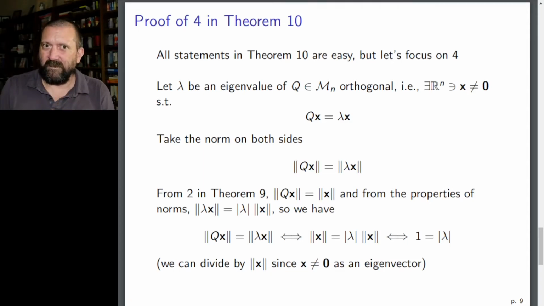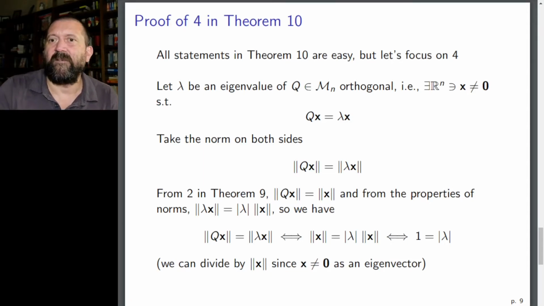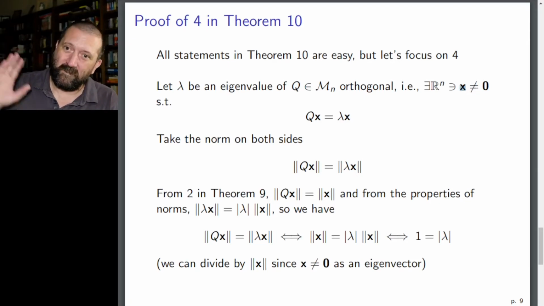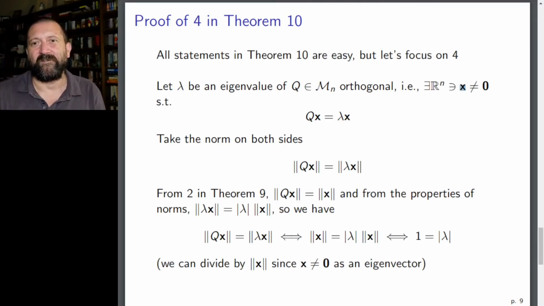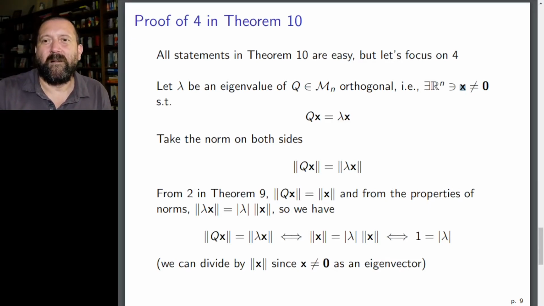If lambda is an eigenvalue, this means that there exists a vector x that is non-zero. I remind you that this is super important: the vector x is non-zero if it's an eigenvector. So lambda is an eigenvalue if there is a corresponding eigenvector x non-zero such that Qx is equal to lambda x. This is the definition of an eigenvector-eigenvalue pair.